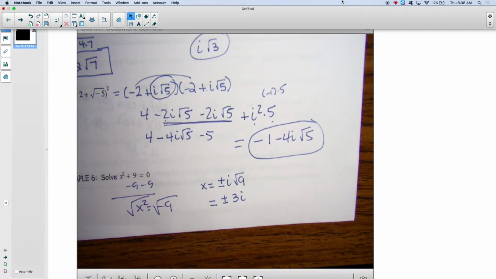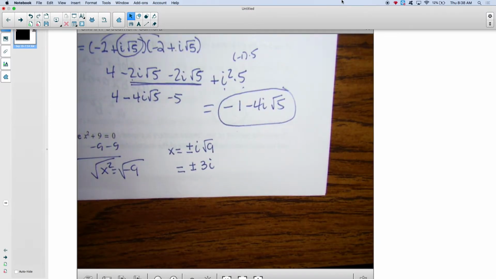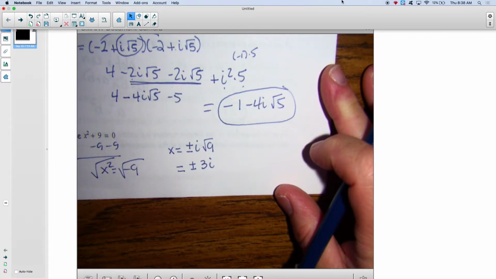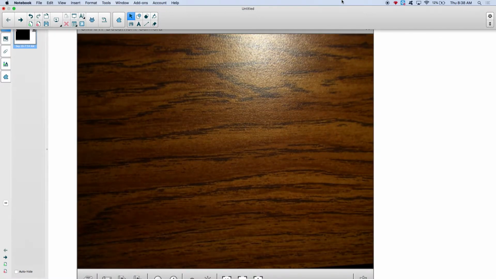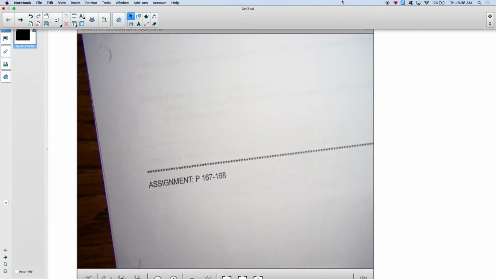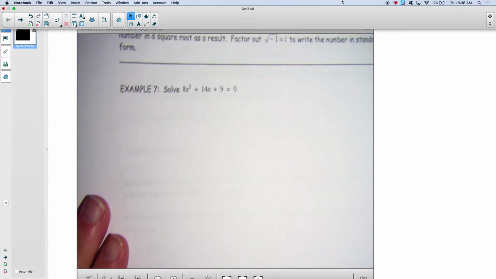Then we get one more problem, which is using the quadratic formula. Love that. Here we go. Gave us lots of room.